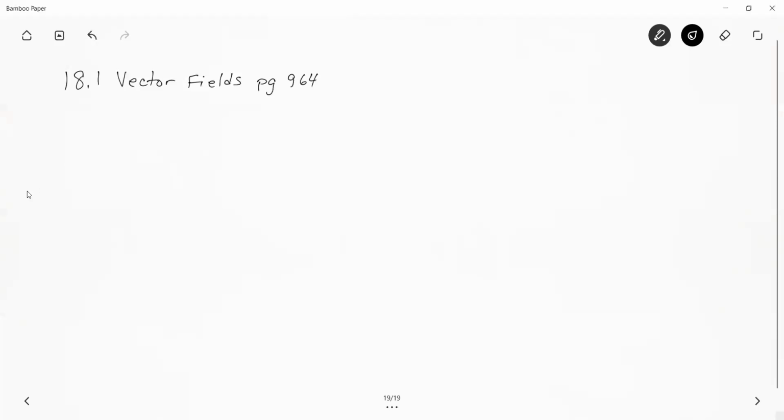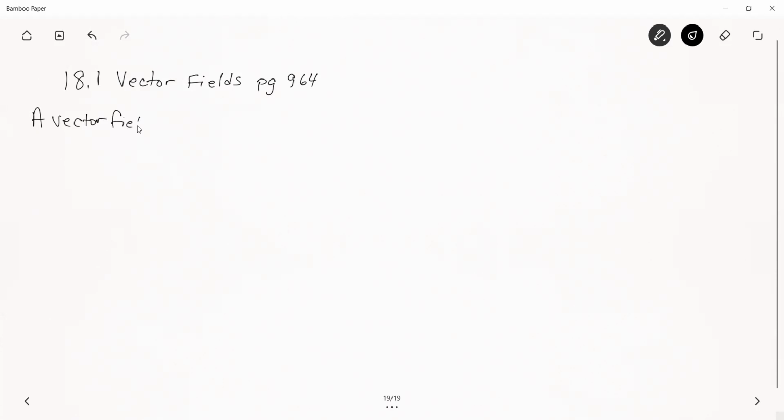This is just going to give you a snapshot of what you're supposed to do, but it's really quite interesting to see all of the different applications. I would also read the section before, where it talks about the outline for chapter 18, because it's really quite fascinating. So let's talk about what a vector field is.